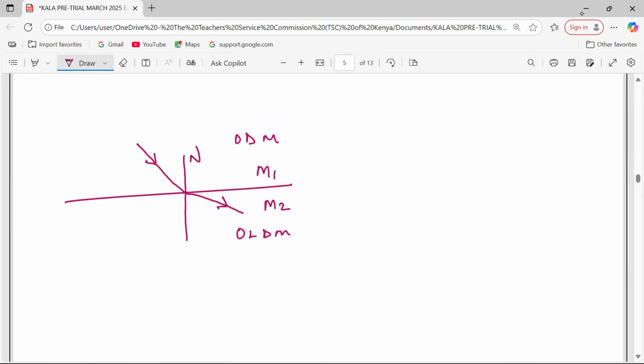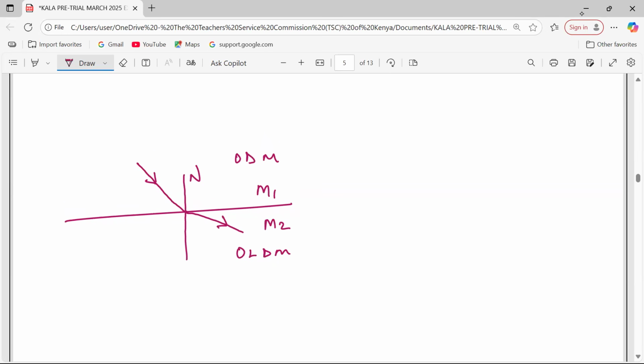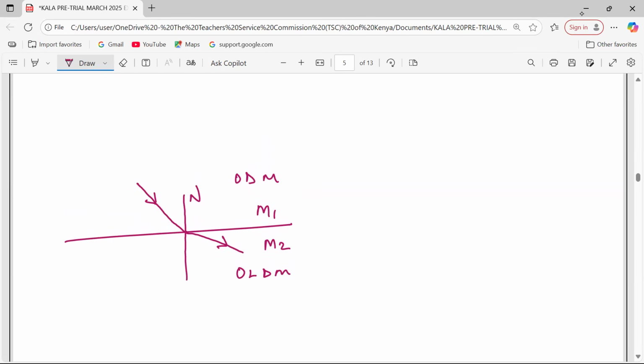Now, on the other side, it is the opposite.